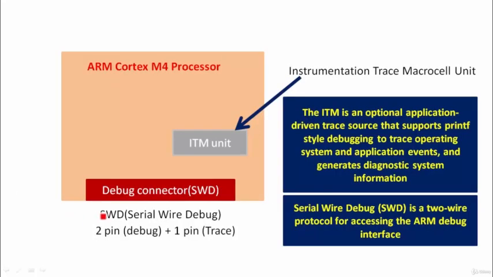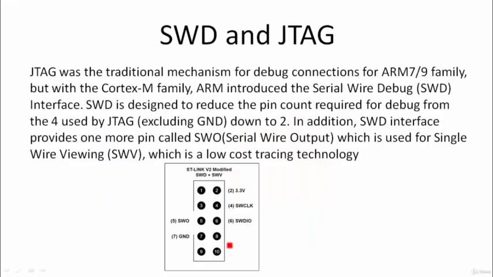As I said, SWD comes with only two pins which are used for debug, but there is one optional pin that we call SWO, which we can use for printf functionality. Now there is also another debug interface called JTAG. The difference between JTAG and SWD is that JTAG needs more pins than SWD.